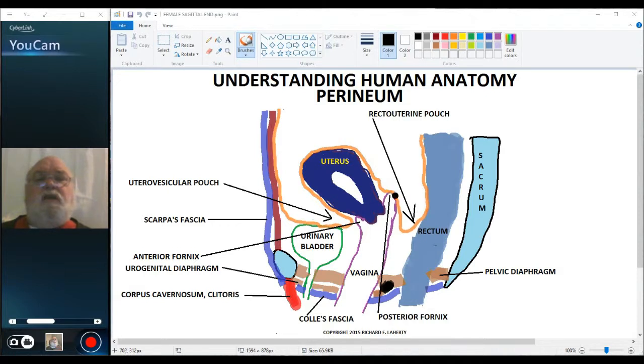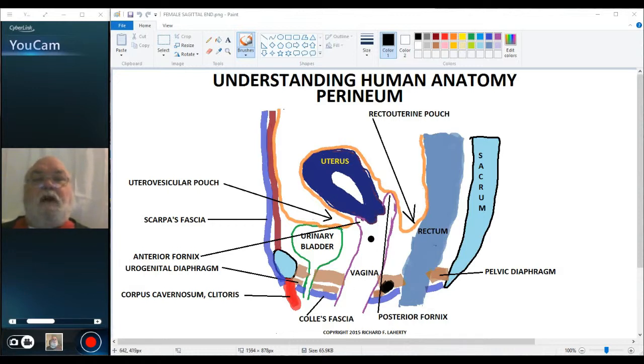And that really it's only the thin wall of the vagina and the peritoneal membrane that separates the vaginal opening from the rectouterine pouch. Also notice that because the uterus is anteverted over the bladder, the uterus enters the vagina at almost a 90-degree angle to the direction of the vagina.